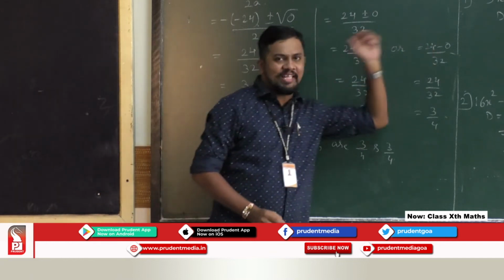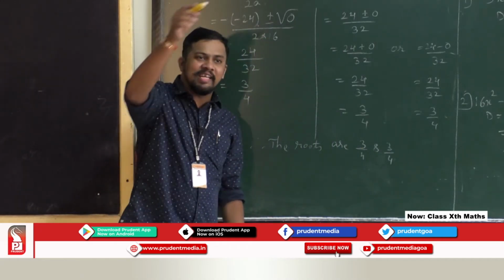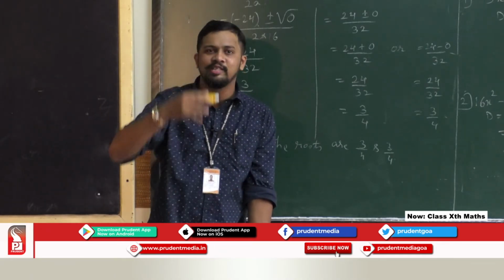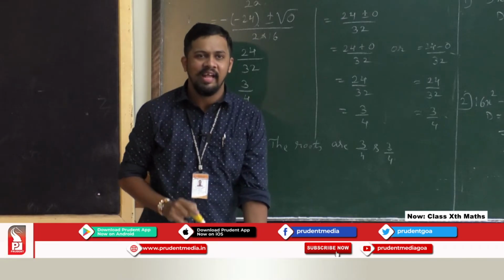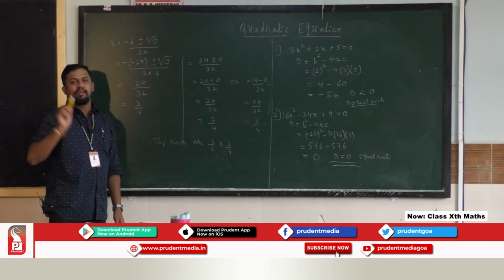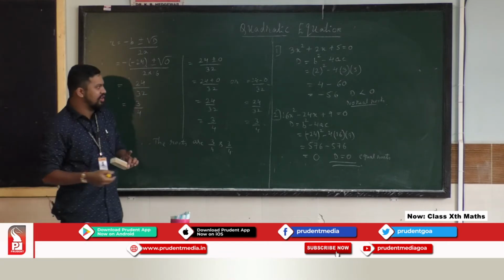When D is less than 0, no roots, negative number. And in the earlier problem which we have done, D was greater than 0. That was my first condition. When D was greater than 0, it was two distinct real roots. Let me take one example about that, two distinct real roots.